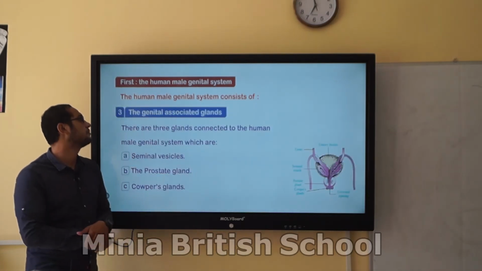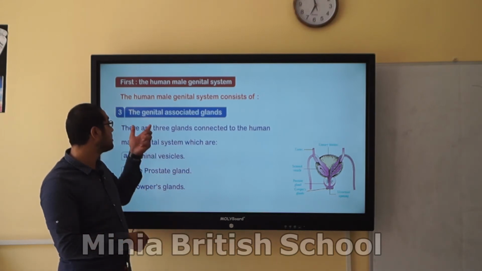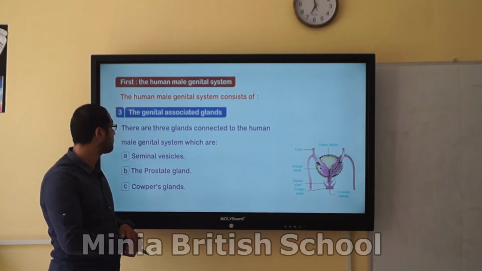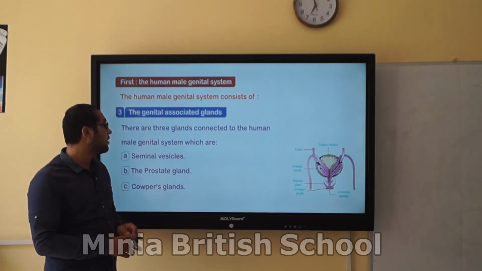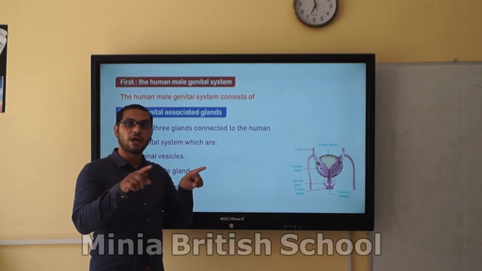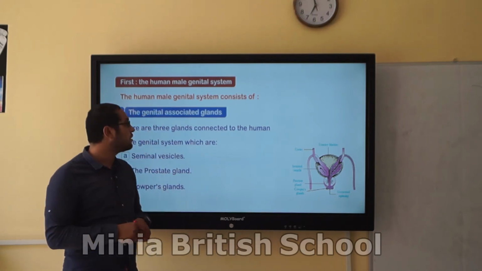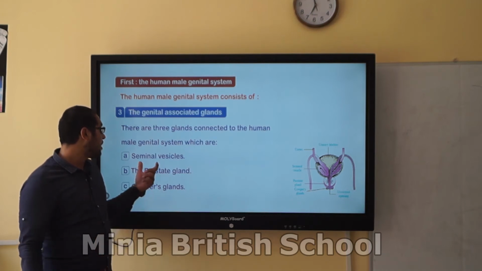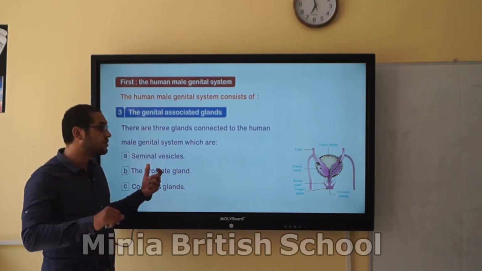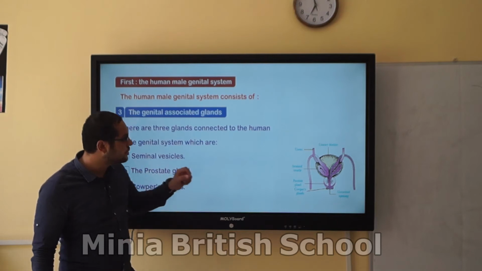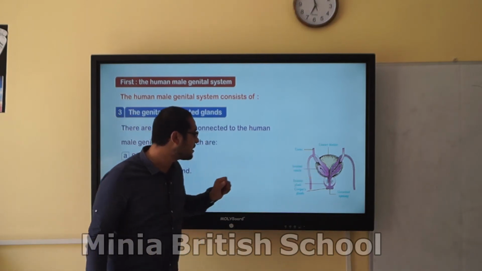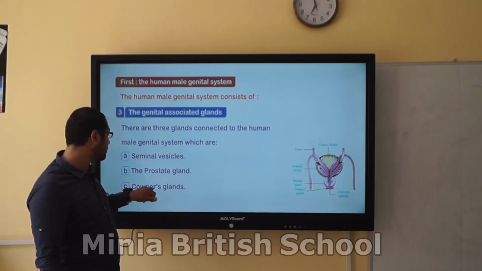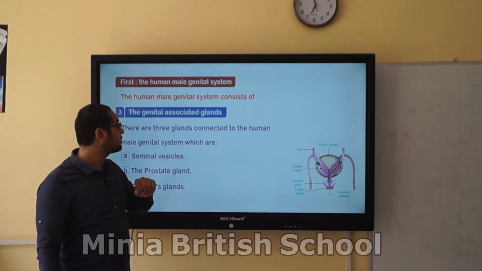The third component is the genital associated glands. Okay, there are three glands connected to the human male genital system, which are the two seminal vesicles, the prostate gland, and the two Cooper's glands.